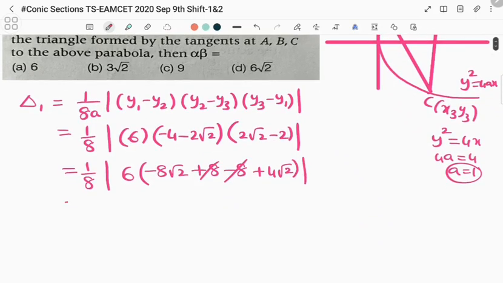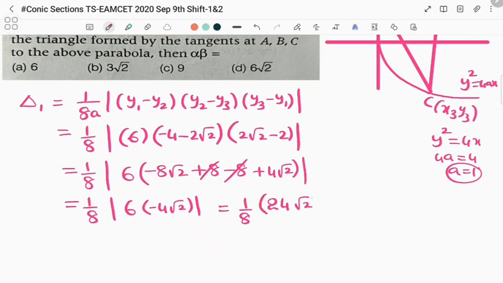So we can simplify: 1 by 8, 6 into minus 8 root 2 plus 4 root 2 minus 4 root 2, which is equal to 1 by 8 mod minus 24 root 2, so you can write it as 24 root 2. 8 threes are 24, which is equal to 3 root 2. That is delta 1.